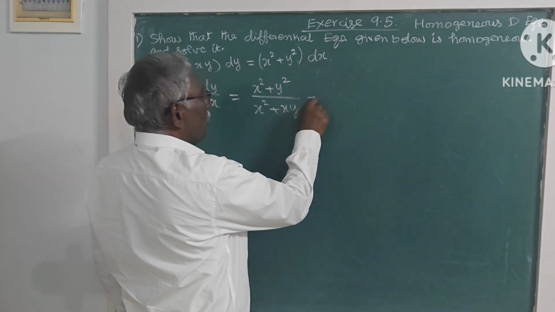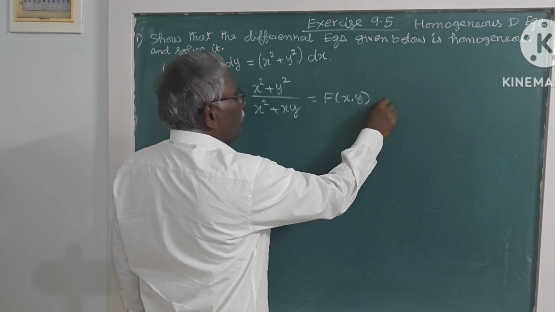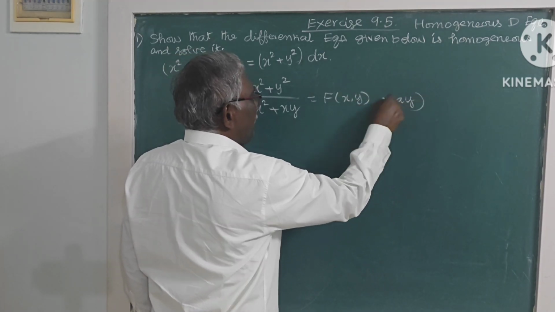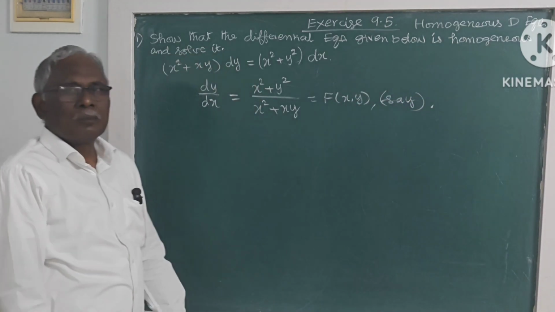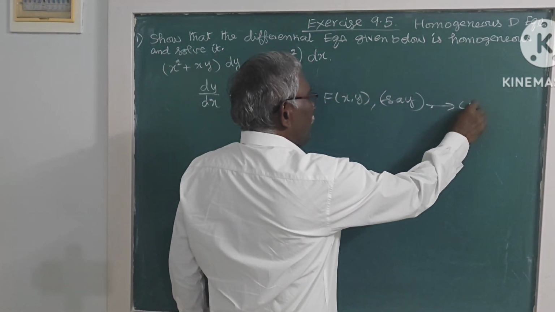Let us say this is equal to f of x comma y. We call this equation 1.